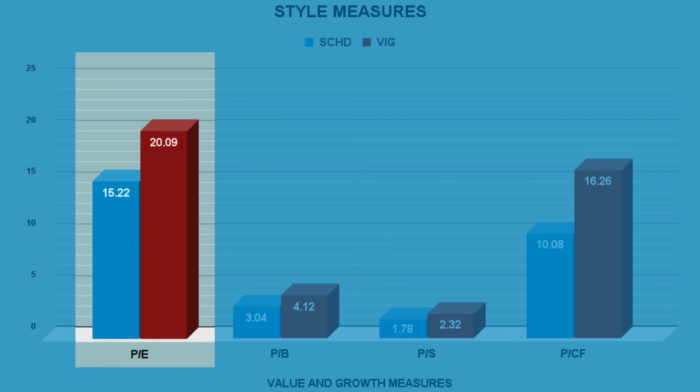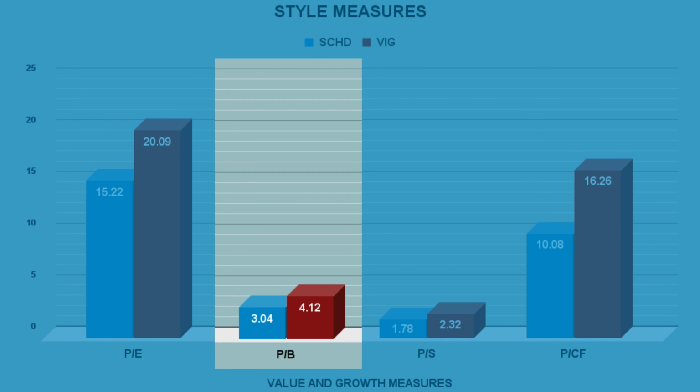Next up is price to book. SCHD's price to book ratio is 3.04, which tells us its holdings are priced closer to their actual assets, really hammering home that value focus. VIG, however, comes in with a price to book of 4.12, meaning investors are paying a premium for those higher growth companies.